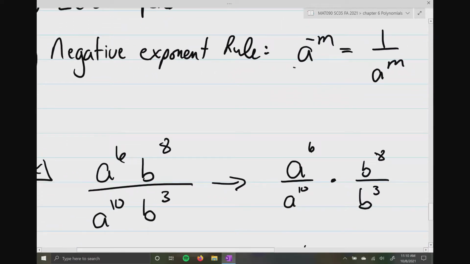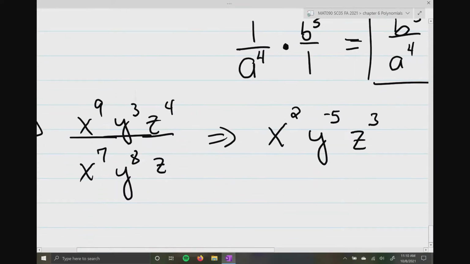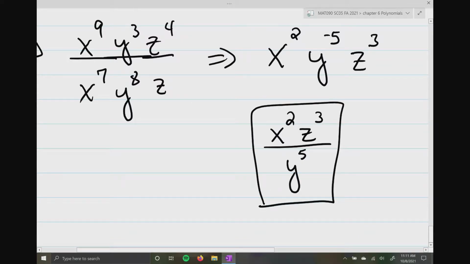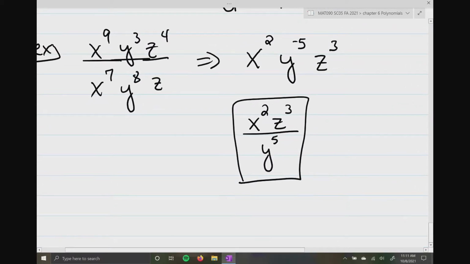Remember, this is the reciprocal rule, meaning if the negative exponent is in the numerator and you flip it, it'll be in the denominator, but now it's positive. So that's exactly what I'm going to do with this right here. I'm going to write x to the 2nd, z to the 3rd, all over y to the 5th. In other words, I'm going to put it in the denominator. Does that make sense, everyone?